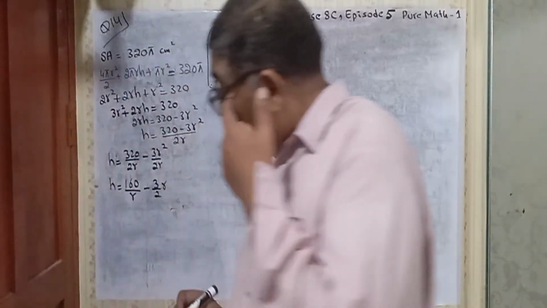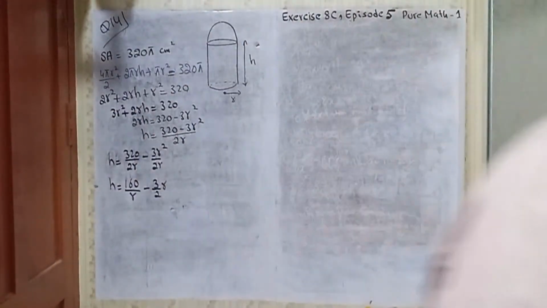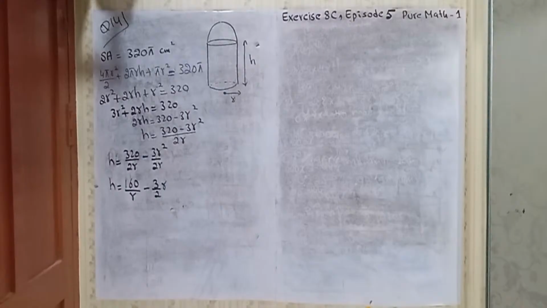So this is h in terms of r. Our answer is right. This is question number 14 of exercise 8C.